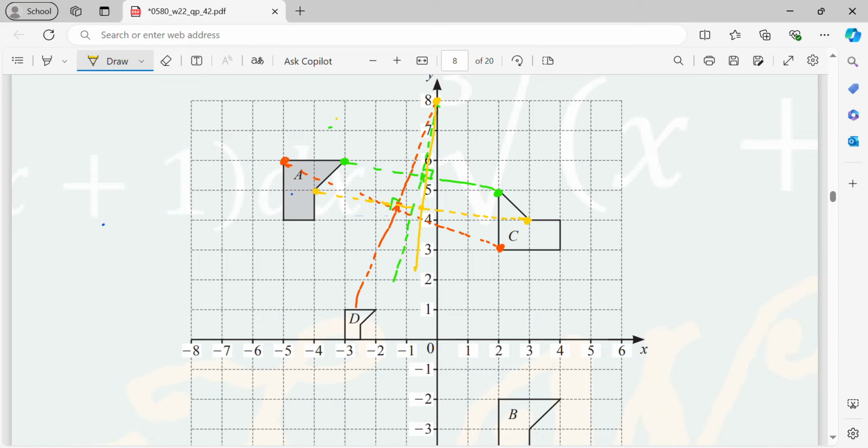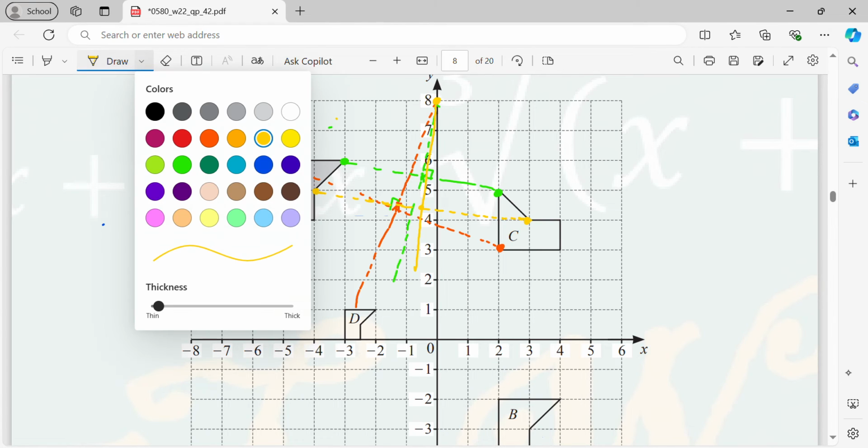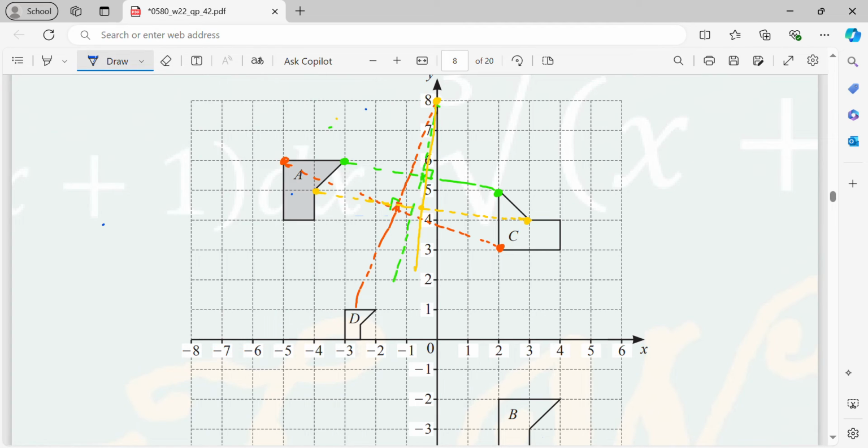So from here I will write B is the center of rotation. Now you check from this orange point to the corresponding orange point on C, referring to the center of rotation, and you draw. Here it will be 90 degrees.